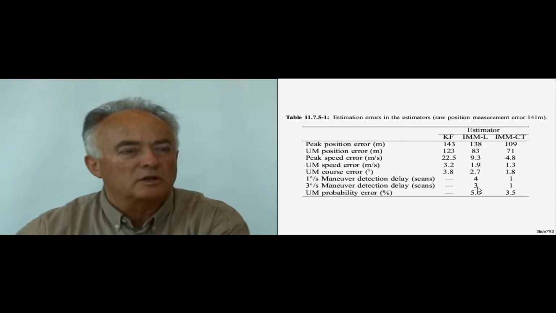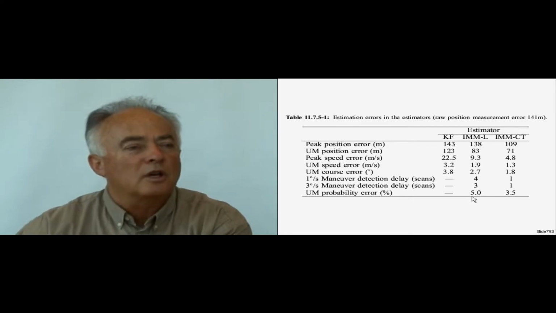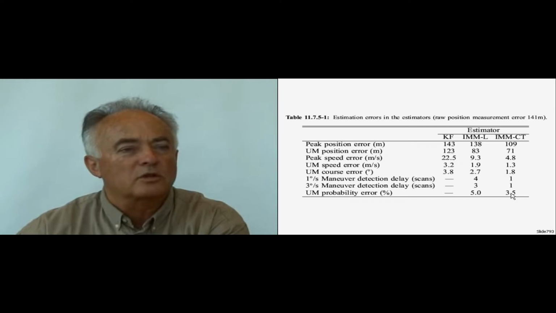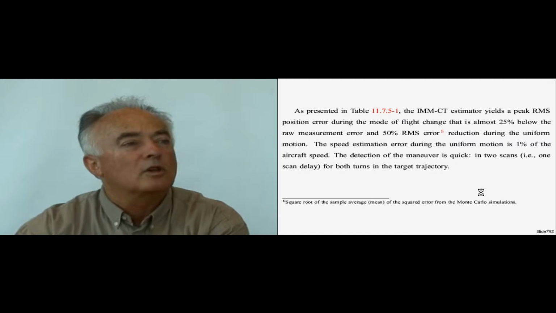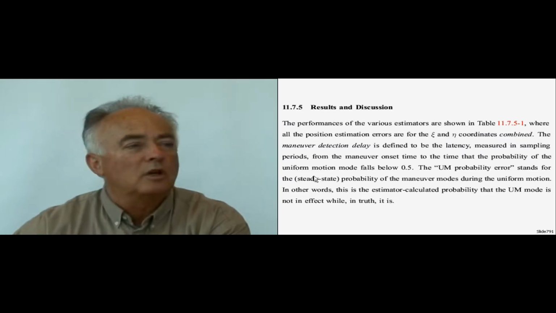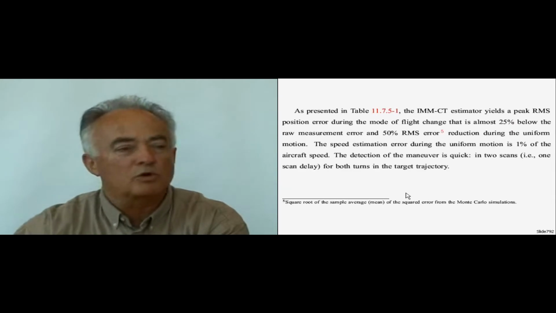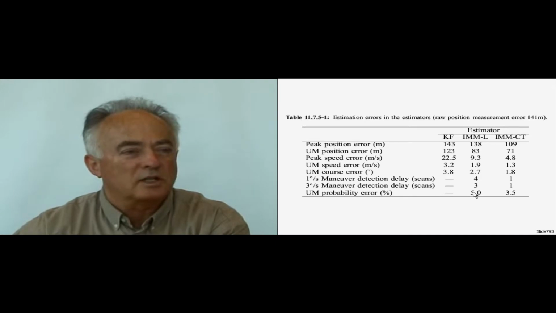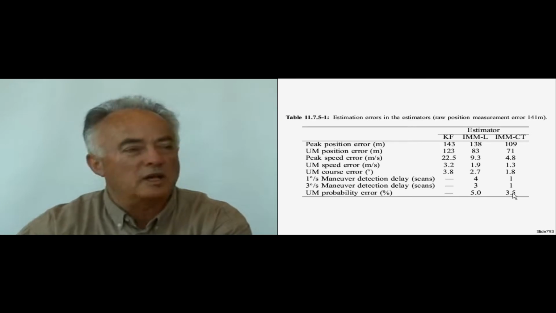IMM-R takes several additional steps, and the uniform motion probability error is in percentages 3, which means this was the steady state probability of the maneuver mode during uniform motion, which means when the target is not maneuvering, what is the probability attached to the maneuvering mode. And again, it's fairly small, but even smaller for the IMM-CT.